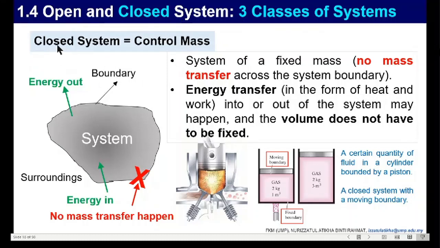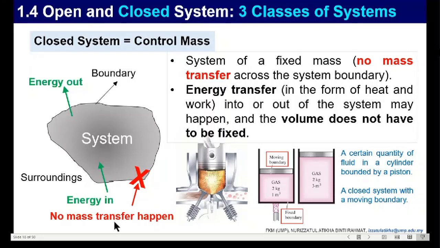A closed system is also known as control mass, meaning the mass will be fixed. It is a system of a fixed mass, constant mass, where there is no mass transfer across the system boundary.